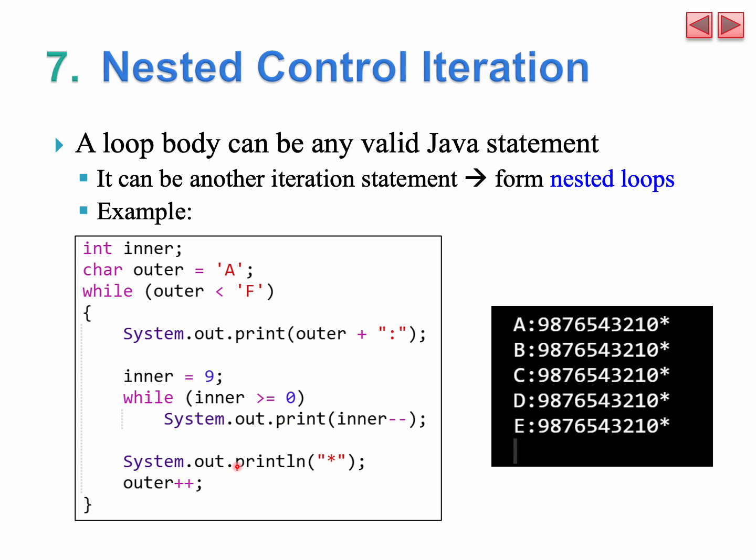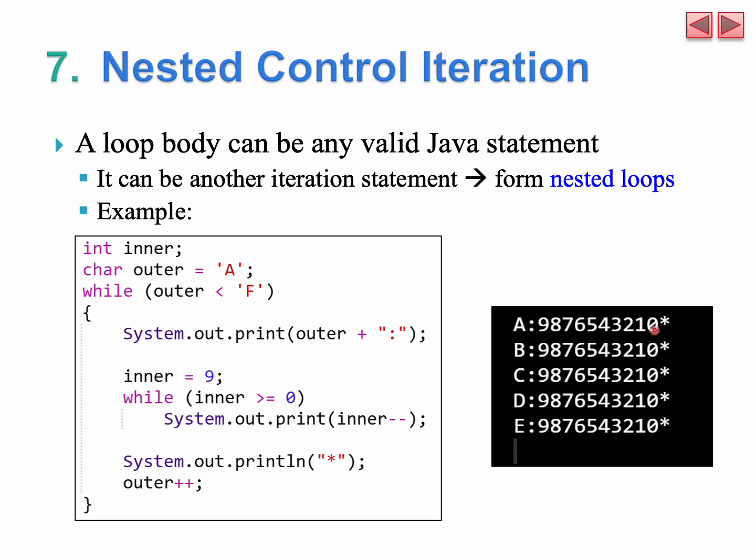And after the inner loop, the loop body of the outer loop prints out an asterisk or star and moves the cursor to the next line and then increases variable outer by 1. So this is the result of this code.